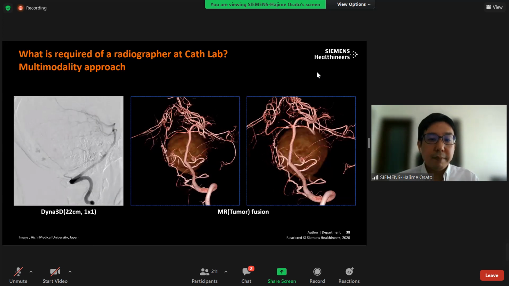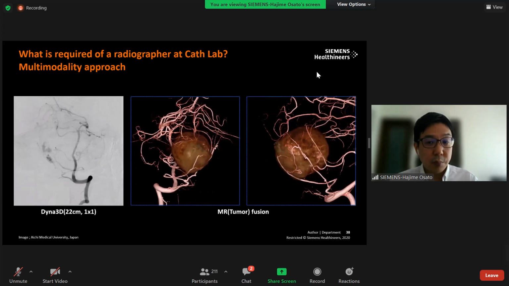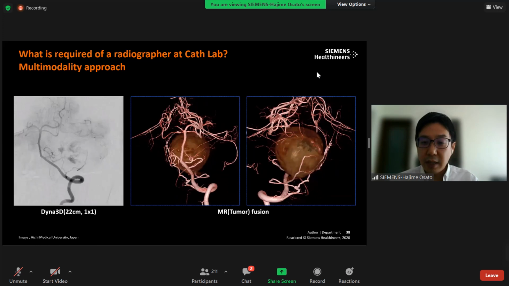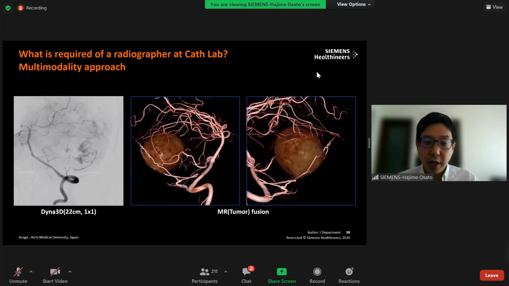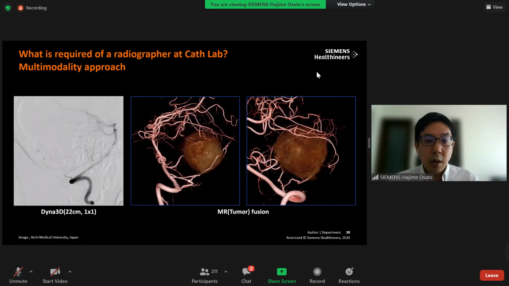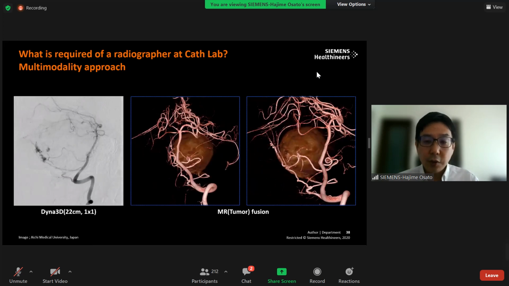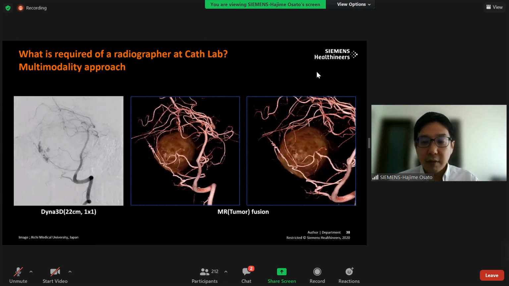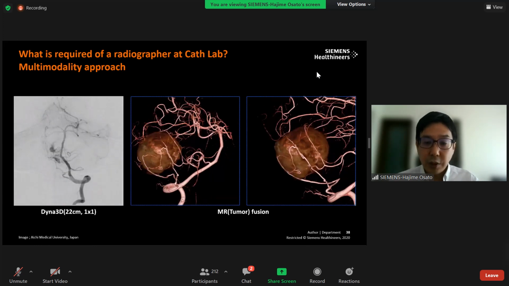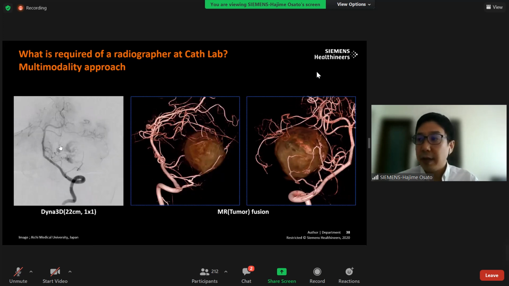All right. I will show a clinical case of a neuro intervention procedure. The patient had an MRI image with contrast medium before the angio examination. On the angio image, we couldn't see soft tissue information like the tumor shape and surrounding structure, but the angio image provides high resolution vessel information, like on your left here.